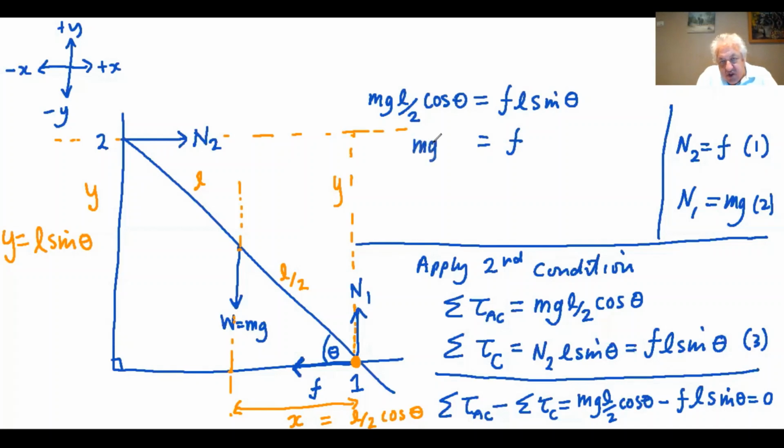So I have mg cos theta over 2 sine theta. Now I know that my tangent is defined as, let me do it for you over here, tan theta equals sine theta over cos theta.